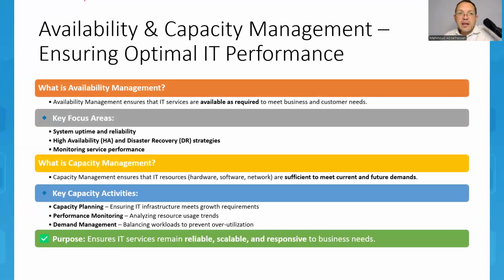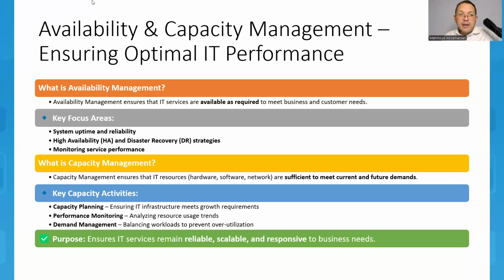The availability and capacity management will ensure that you have the optimum IT performance to meet the customer requirements and service demands. The availability management process will focus on the system uptime and reliability, high availability, disaster recovery strategies, and monitoring the service performance.